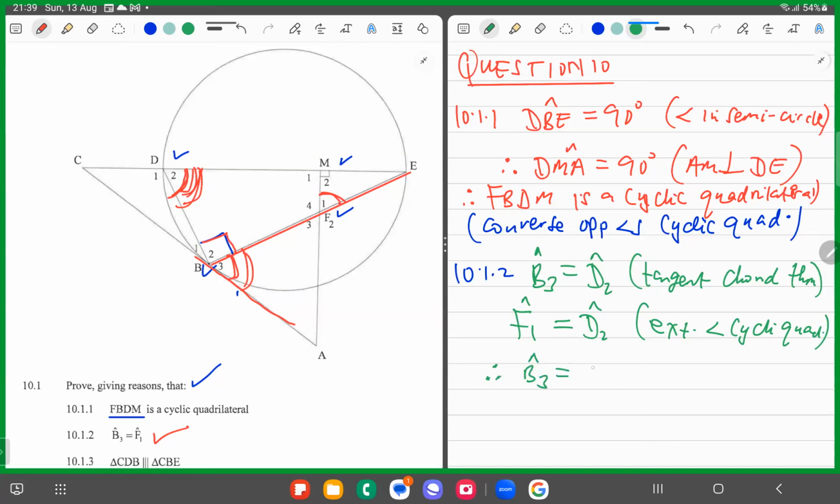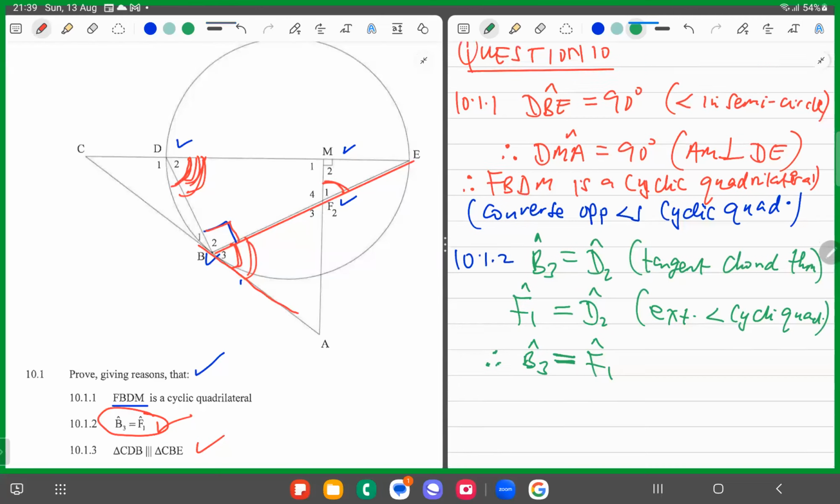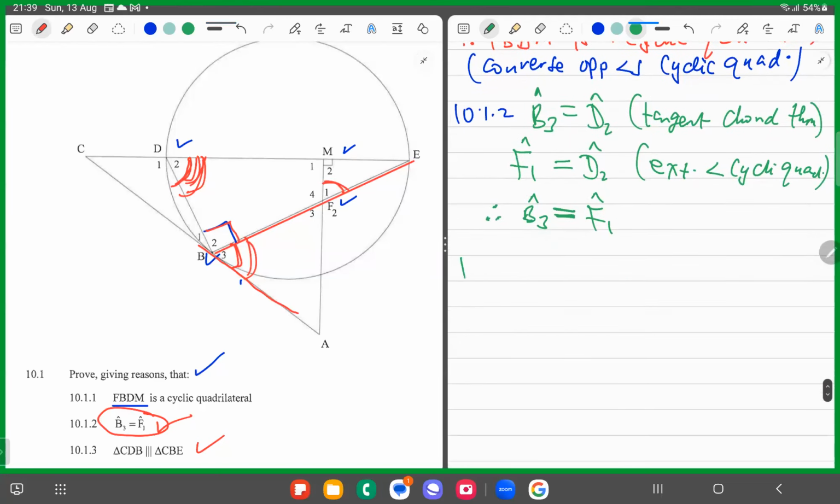Okay. Now, one more question in 10.1.3. Triangle CDB is similar to triangle CBE.